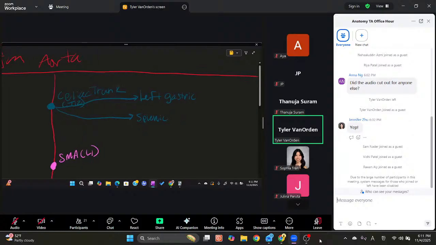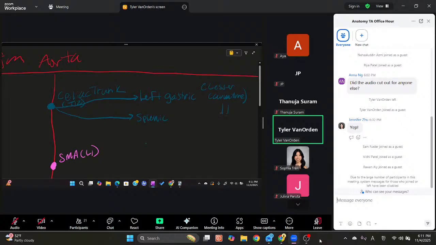Okay. So the left gastric artery is going to be on the lesser curvature of the stomach. If this is your stomach like this, that's a horrible drawing of the stomach, but this is the lesser side, that's the greater side. The left gastric artery is also going towards the esophagus.